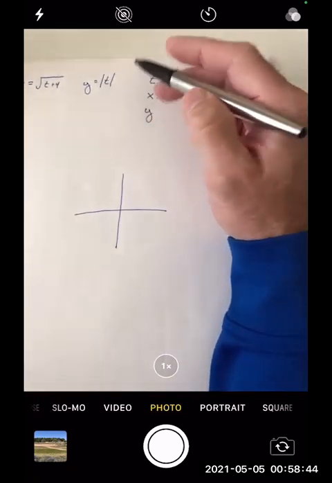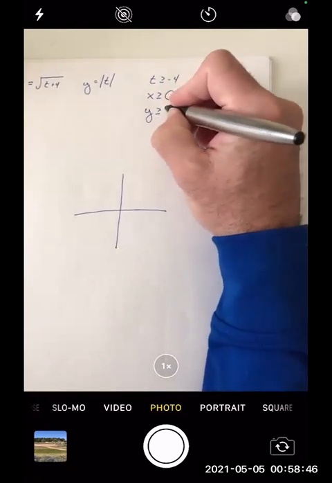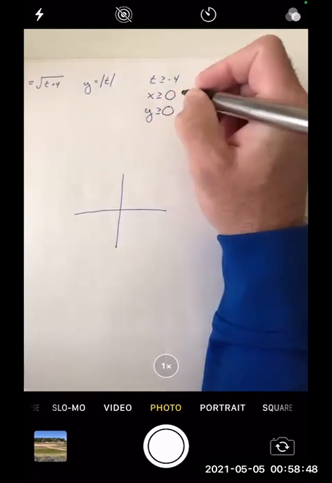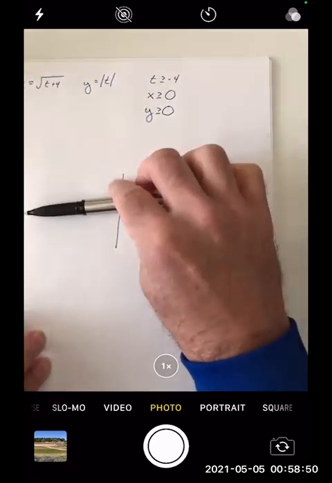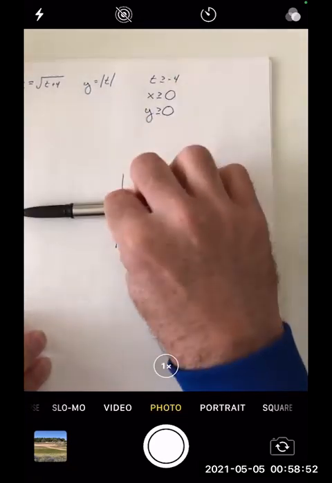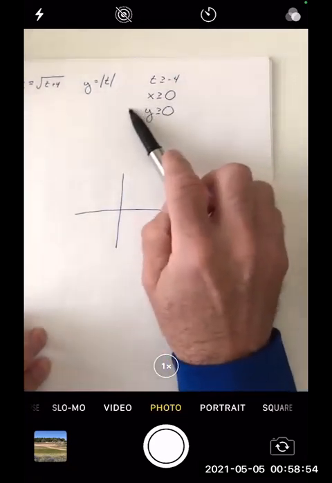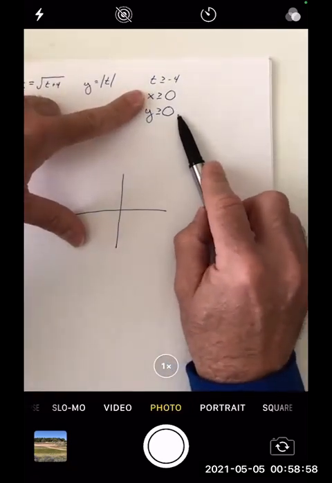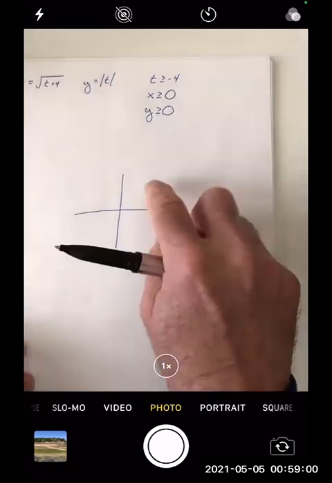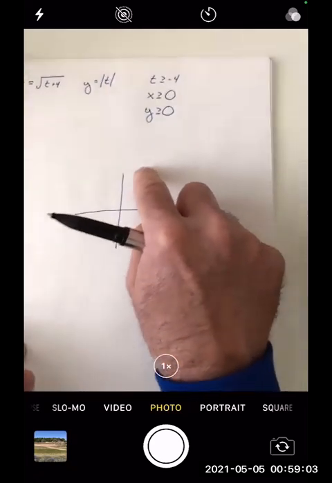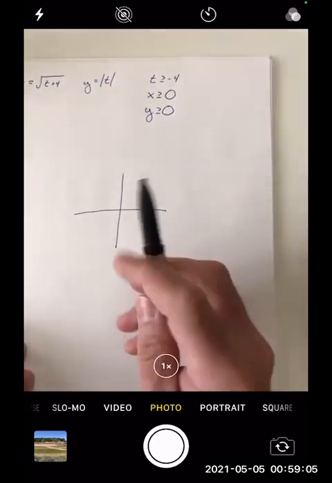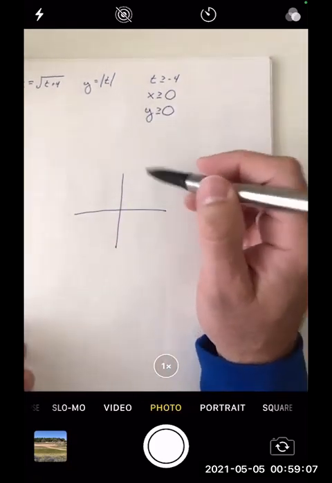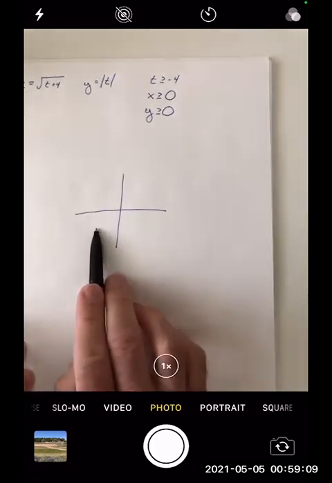So y is also going to be greater than or equal to 0. So when you draw your graph, you've got to be above the x-axis. So with these two restrictions, where x is positive or 0 and y is positive or 0, that contains your entire graph to quadrant 1. You can be on the x and y axis, but you can't be in quadrants 2, 3, or 4.